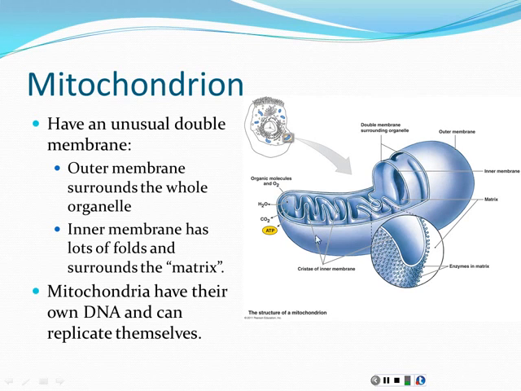So mitochondria have their own DNA, and in some ways, they behave almost like an independent organism. Now, they are under the control of the nucleus of the cell, though. So it's not like mitochondria can just divide whenever they want to. The nucleus controls that, but the mitochondria divide themselves with their own DNA that they have inside.